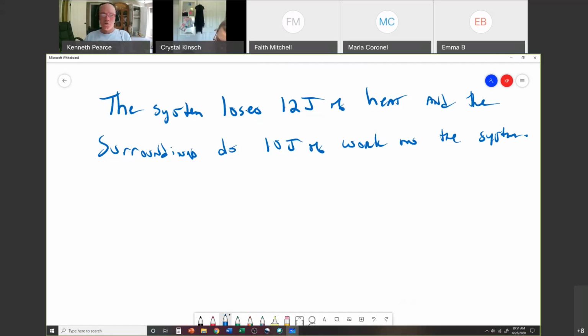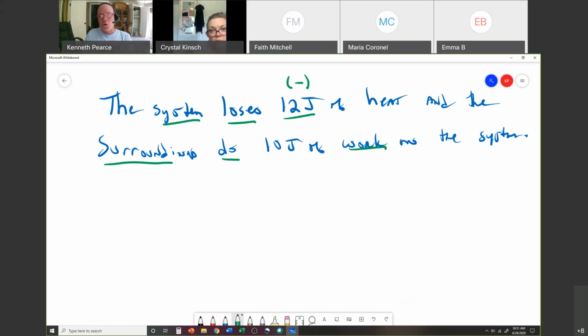Okay, so now in this case, the system loses. So I'm looking here and I say the system loses, that must be minus. And then I say the surroundings do work. Now, if the surroundings were doing work, that means that the surroundings lost energy because the surroundings are the ones doing the work.